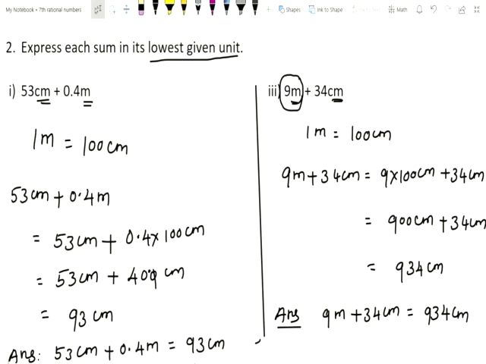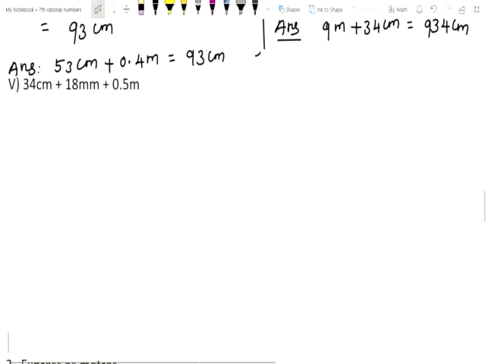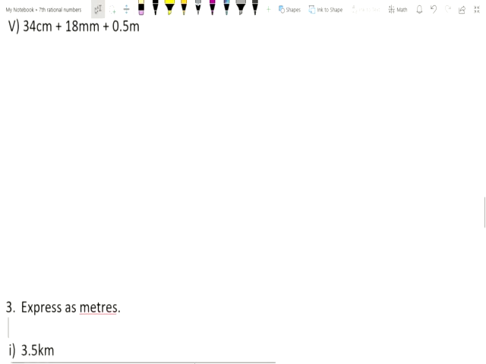Okay, children. See the next one. 34 centimeter, 18 millimeter, 0.5 meter. So here, which is the lower unit, which is the smaller unit? Millimeter is the smaller unit.